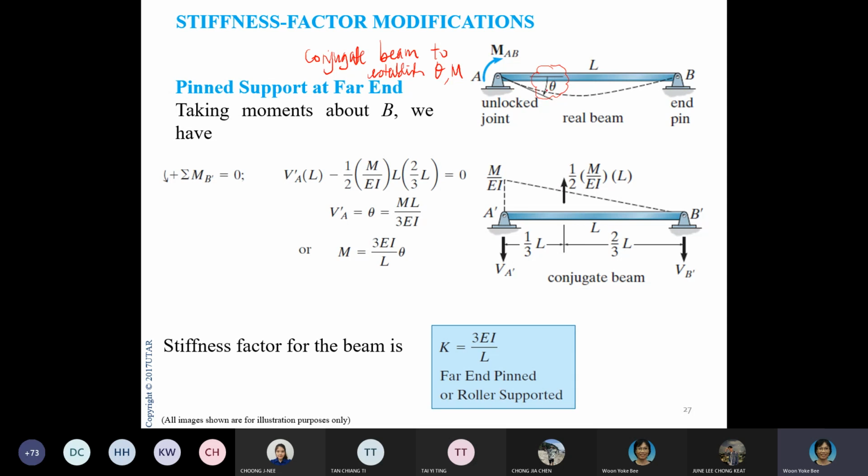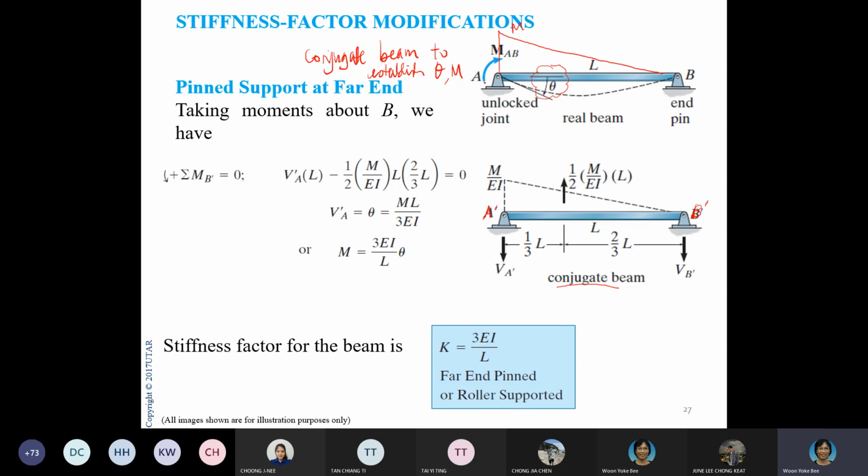To do that, I need to find the bending moment in the real beam. The bending moment I establish is like that, and this is my moment M. When I convert it to a conjugate beam, I will call this A prime, and this is B prime.